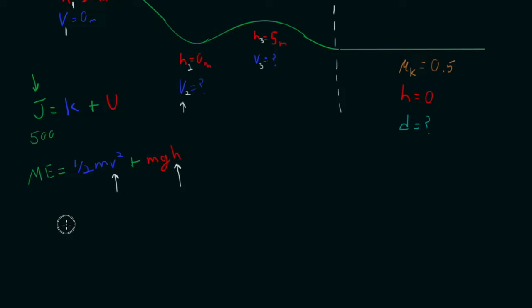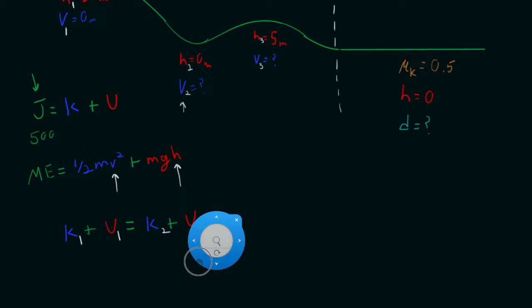So we can write that this way: K1 plus U1 will equal K2 plus U2. Now, let's write out our actual equations here, and we'll see how this simplifies right off the bat.